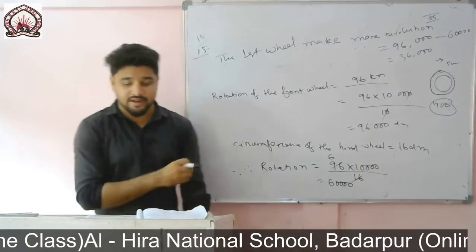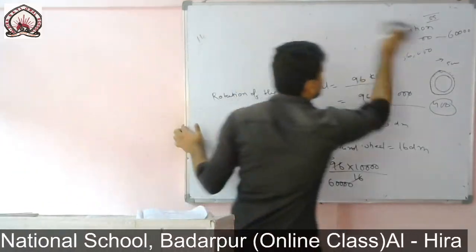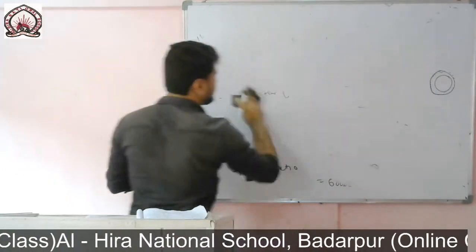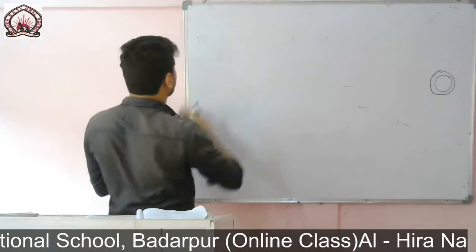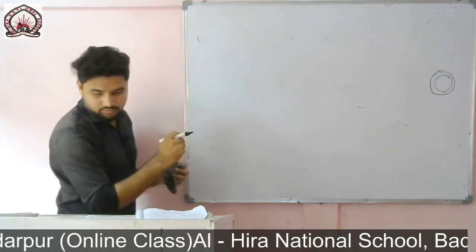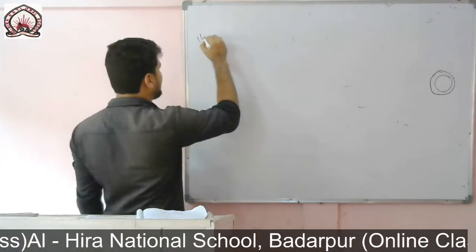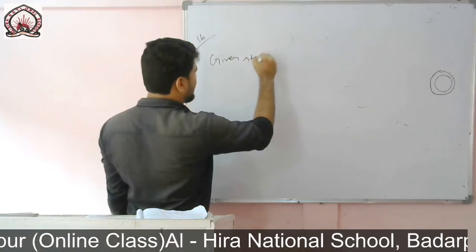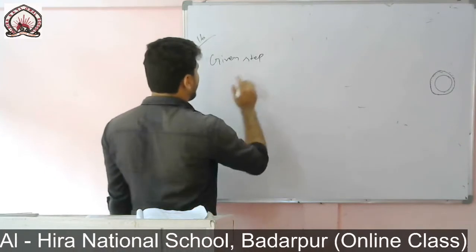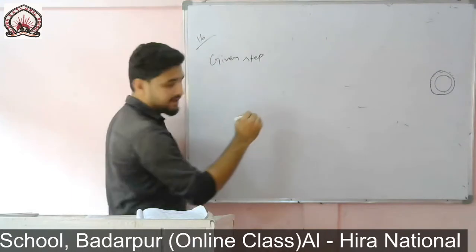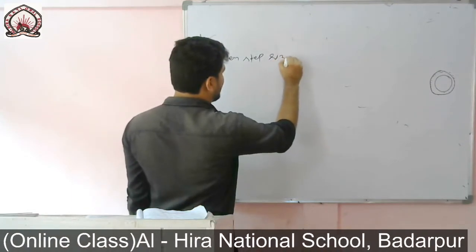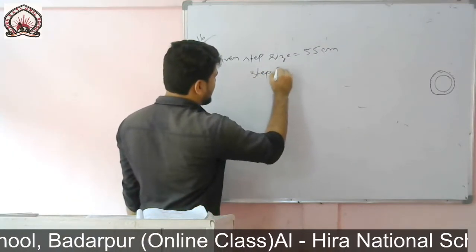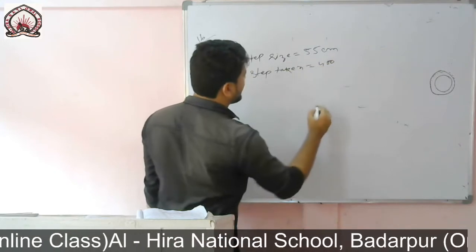So first you write given: step size equals 55 centimeter, and steps taken equals 400.